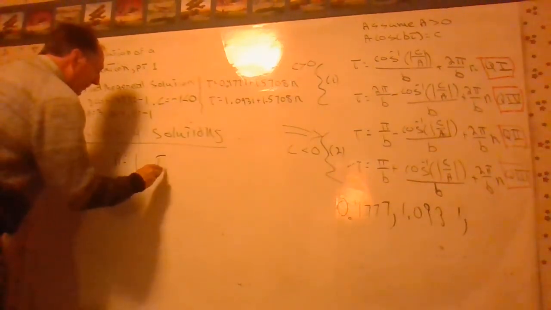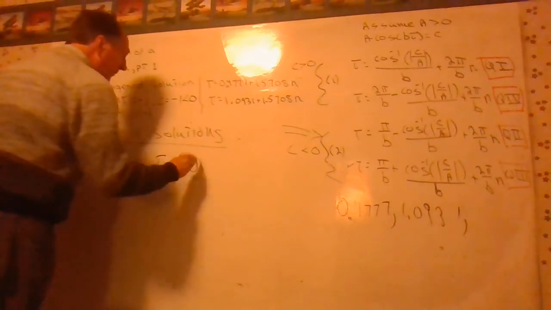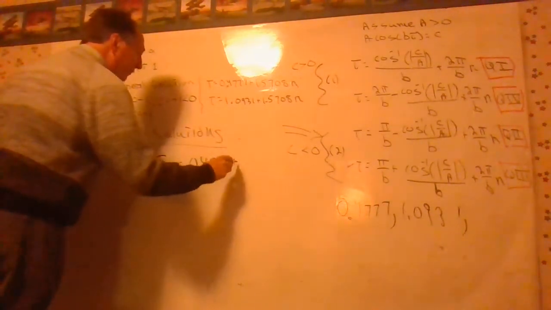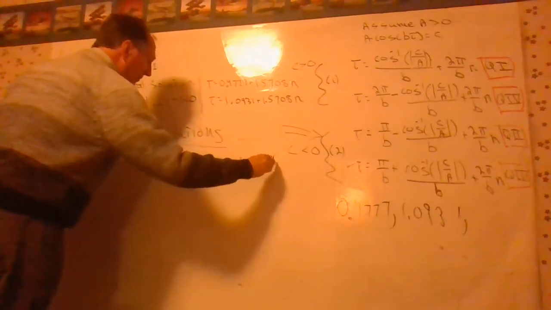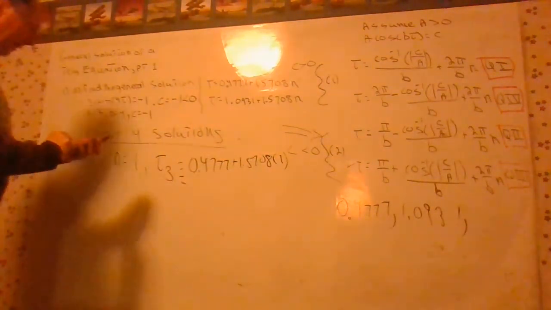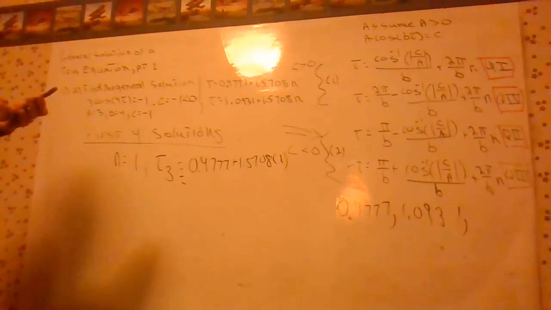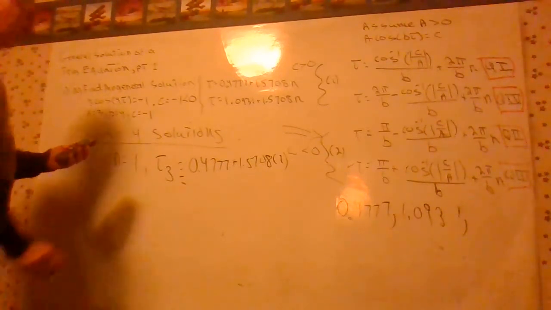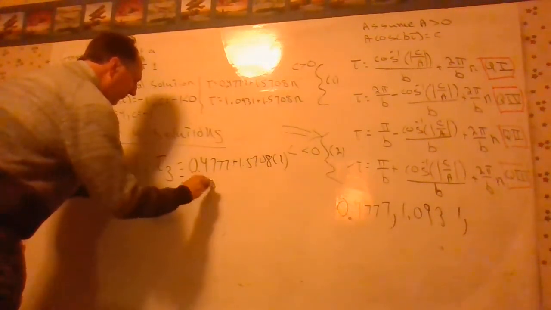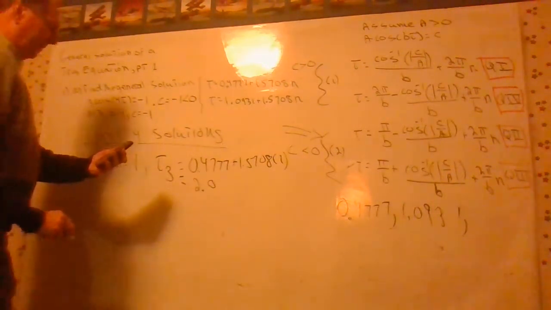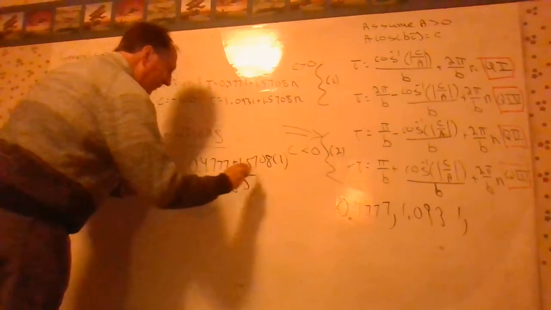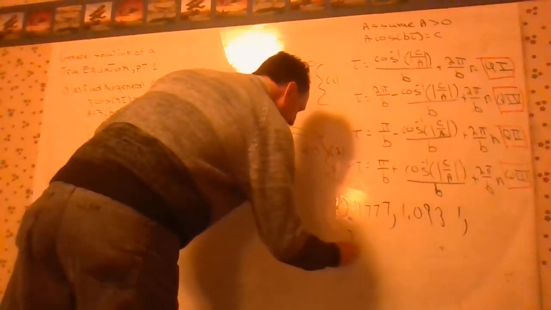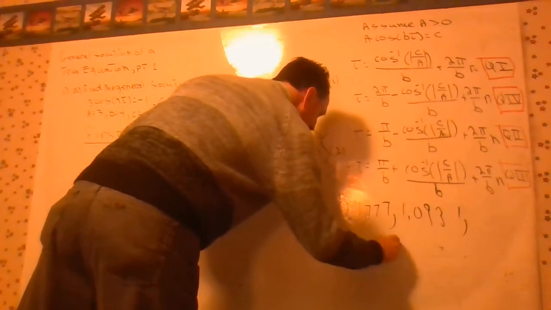And you can calculate what we'll call T3, 0.4777 plus 1.5708 times 1, and we get 2.0485. Let me list that over here.